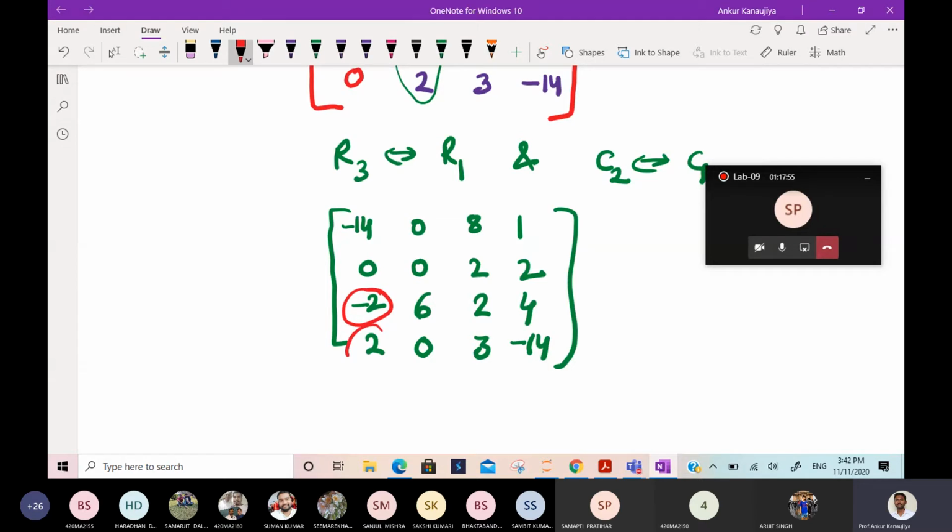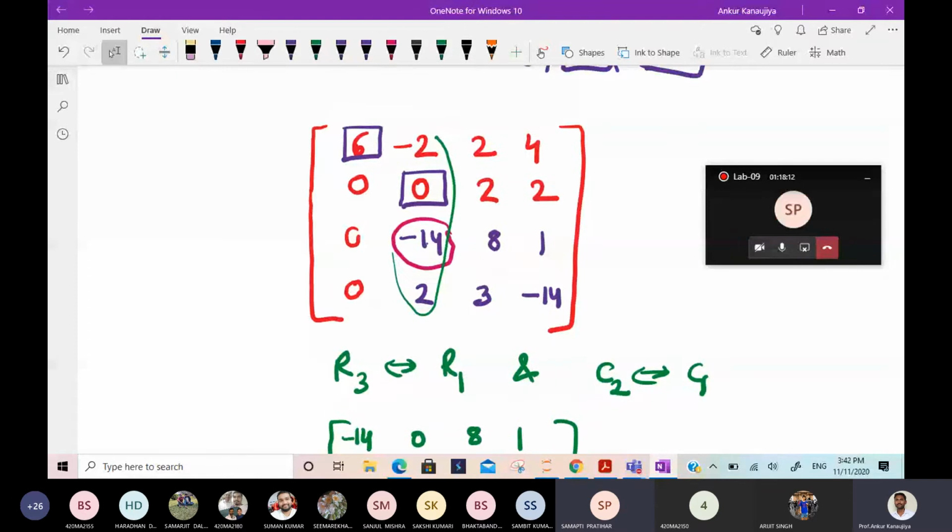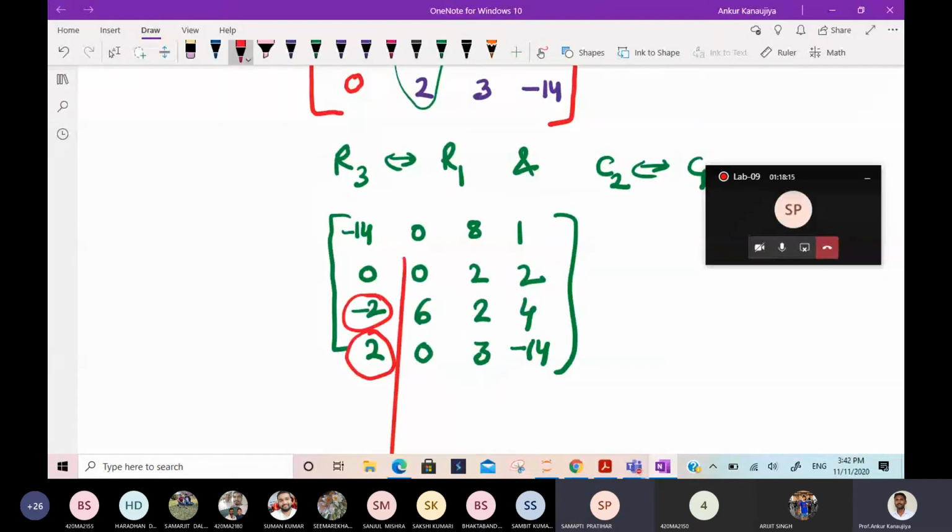Once it is done and you move to the next step, the next is which one is the maximum? See, first I found the overall maximum in the matrix. Similarly, now we'll find the maximum in this submatrix.